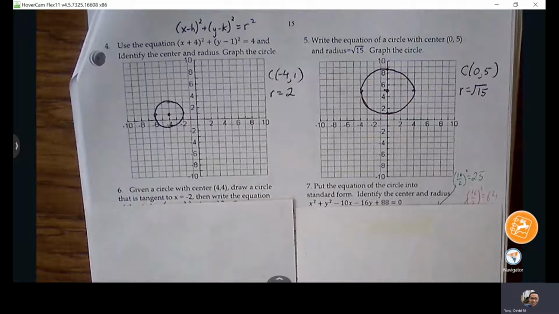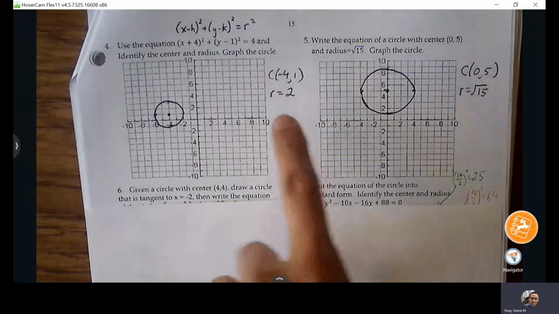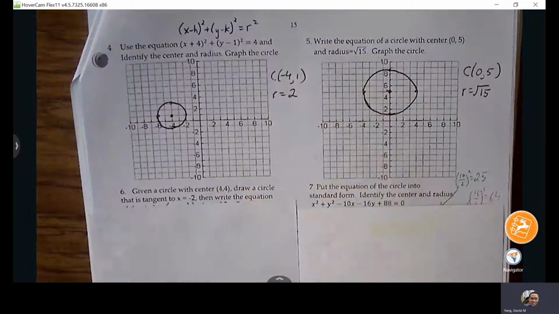Whatever's inside the parentheses, you can always pull those values, change the sign, and that will be the center. You know that whatever is on the right side of the equation, you always do the square root of that number to get it down to the radius.